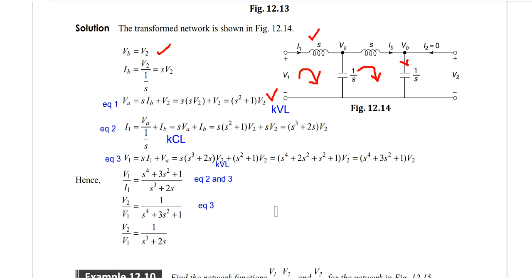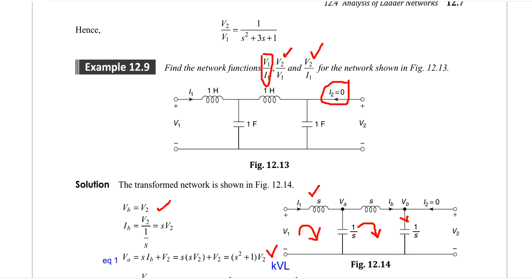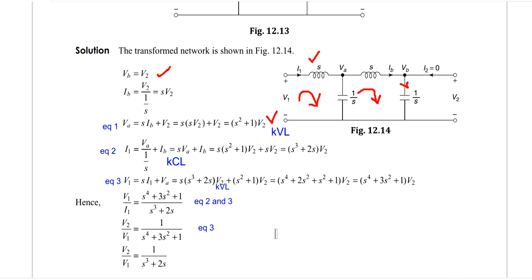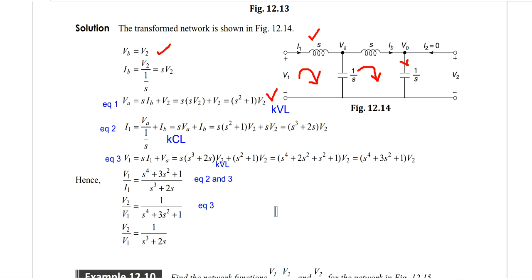Then what about V2 by I1? V2 by I1 will be a ratio of these two terms. If you use these two and divide them, or multiply them, we get the ratio V2 by I1, which is nothing but 1 by S cube plus 2 S. That's it.